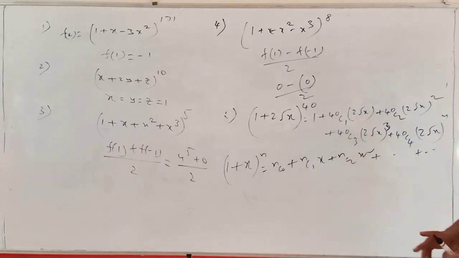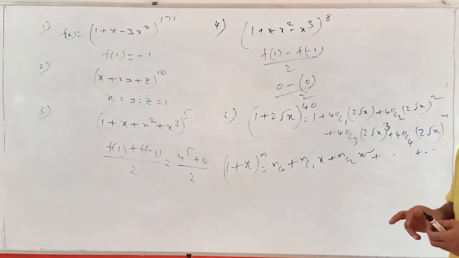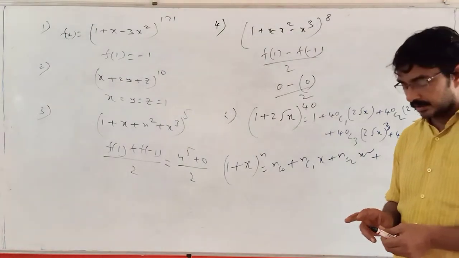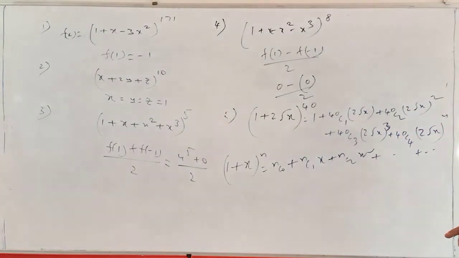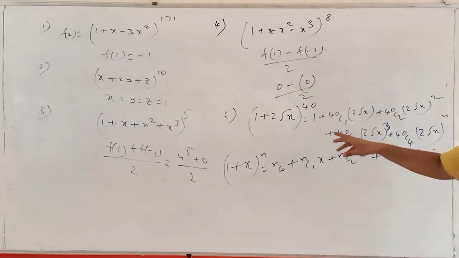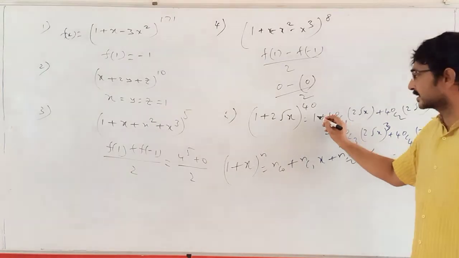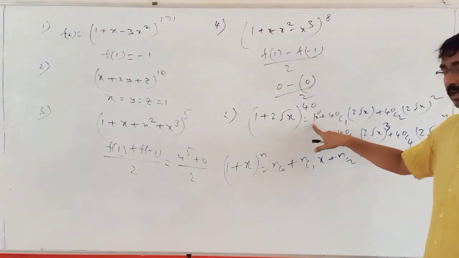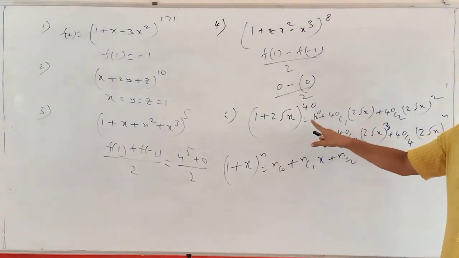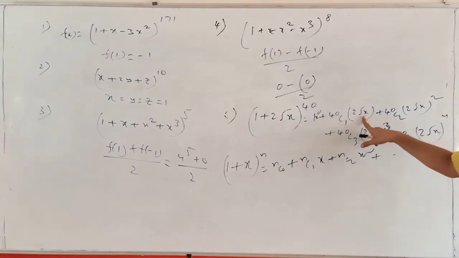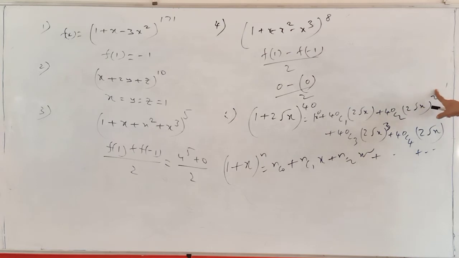Now what is required? Required is the sum of the coefficients of integral powers of x. In this one, the power of x is 0, so this is required; required contains 1. Next, in this case the power of x is 1/2, so not an integer. (√x) squared is x, so in this case the power of x is an integer.